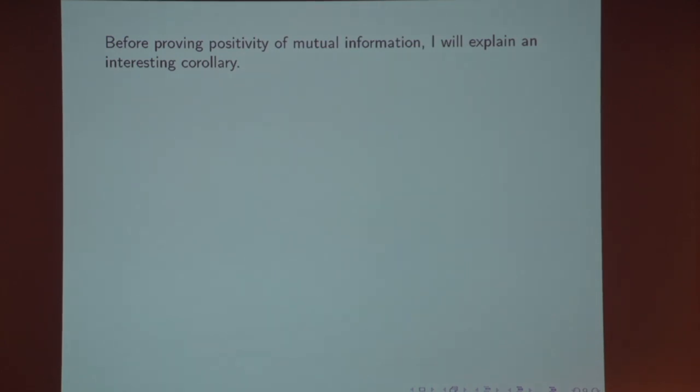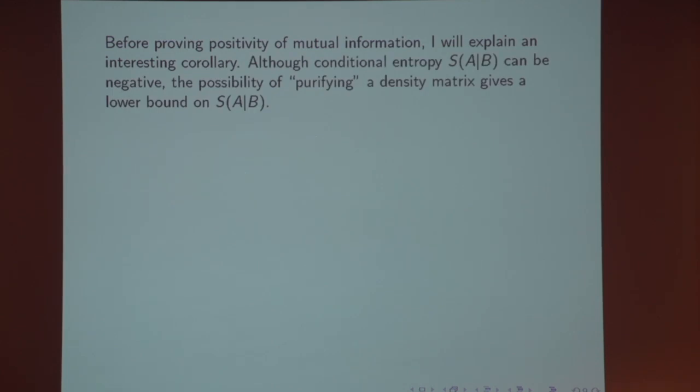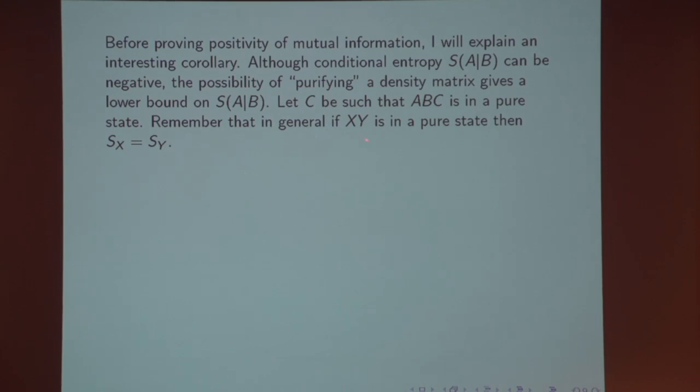So before proving positivity of mutual information, I'll explain an interesting corollary. Conditional entropy SA/B can be negative, but the possibility of purifying a density matrix gives a lower bound. Let C be such that ABC is in a pure state. Now remember that in general, if XY is in a pure state, then SX equals SY.